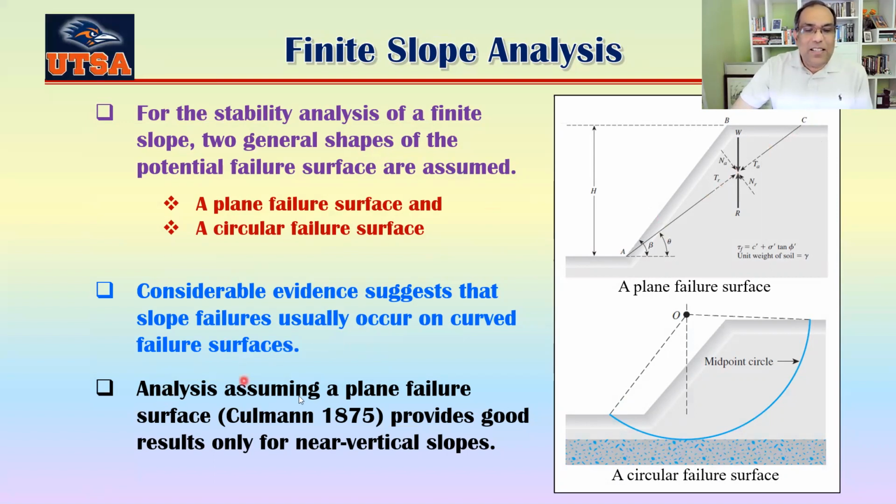Although the analysis of plane failure suggested by Culmann provides good results only for near vertical slopes. In all other cases, this procedure doesn't provide good results. Okay, so that's why we are not going to talk a lot about that. We will just try to focus our discussion on circular failure surfaces.